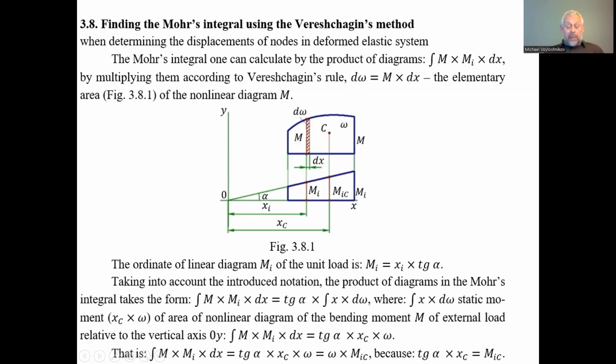And finally, this corresponds to the product of tangent alpha by the abscissa of the center of the area of the first diagram in the integrand.